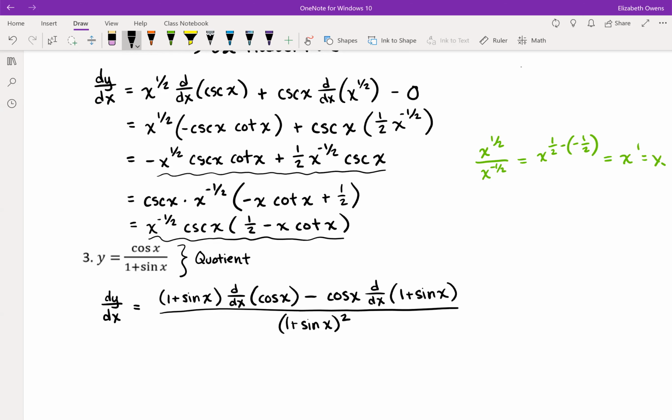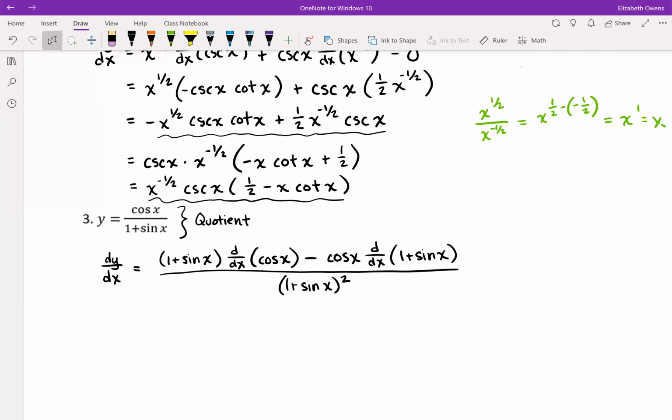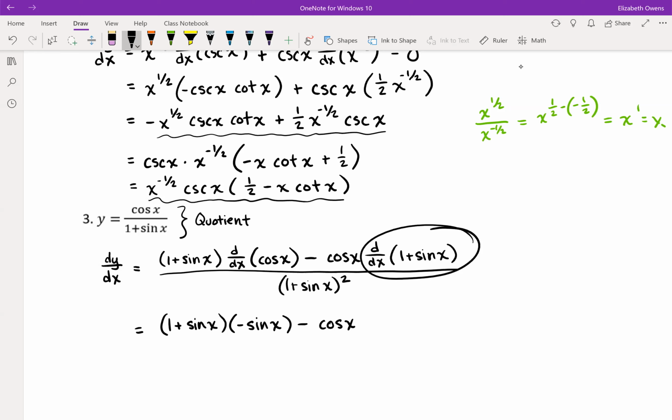Okay, so that's just writing down the form for the quotient rule. And now let's actually take the derivatives involved there. So we've got 1 plus sine x. Derivative of cosine is negative sine x. And then we have cosine, and over here, the derivative of 1 plus sine x. Well, the derivative of 1 is just 0, so that'll go away on us.